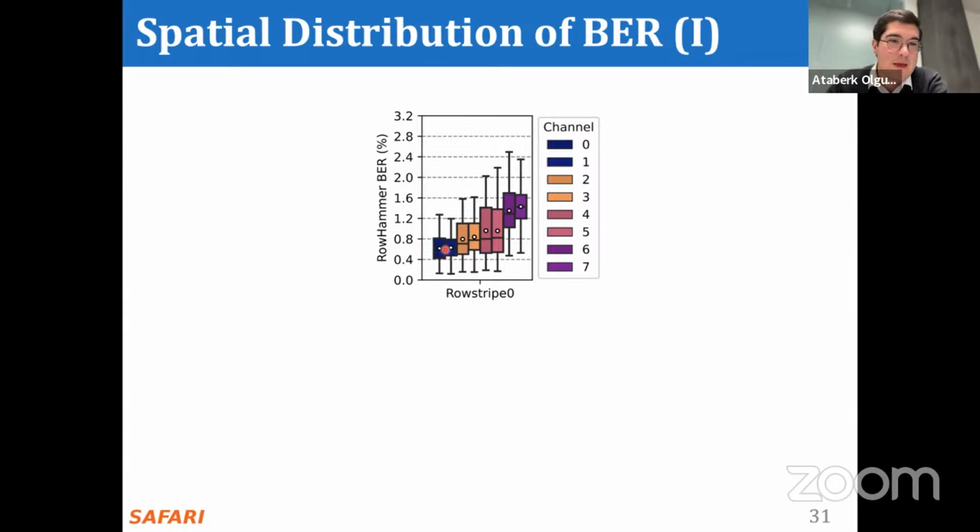Each point represents the bit error rate of a DRAM row in a channel that we test. So for the blue colors, let's say the first box is for the first channel.